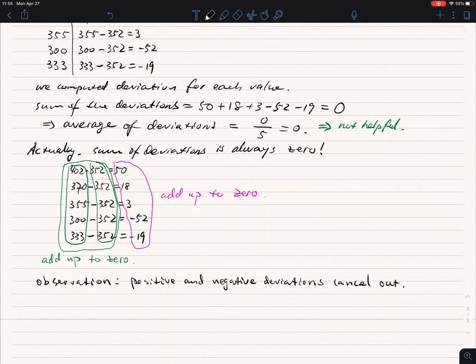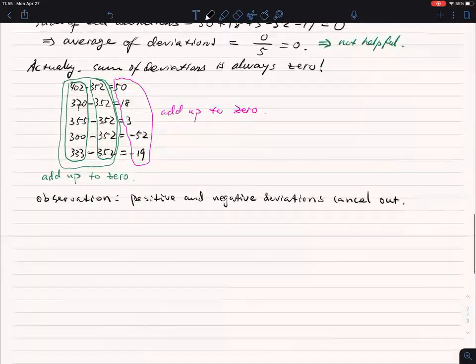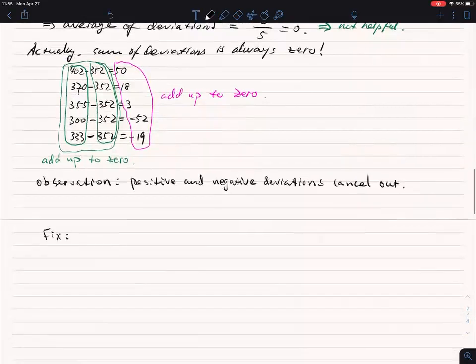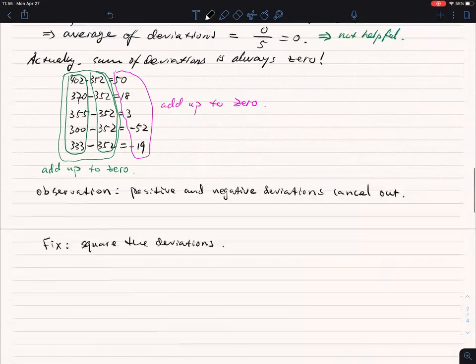Okay, then is there a way that they're not going to be canceled out? So we have a fix here. Our fix is to square the deviations.